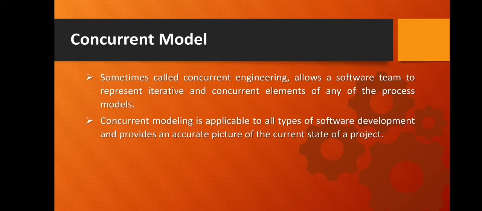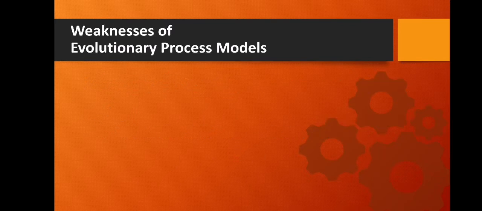The concurrent model allows a software team to represent iterative and concurrent elements of any of the process models. Concurrent modeling is applicable to all types of software development and provides an accurate picture of the current state of a project. So that is the concurrent model.